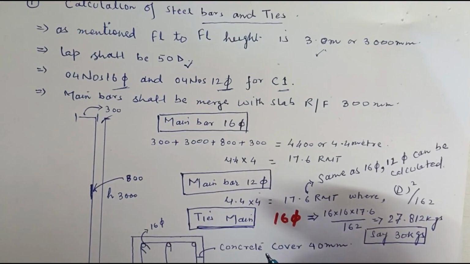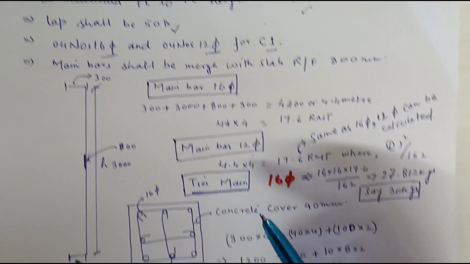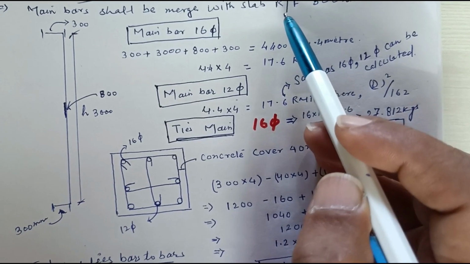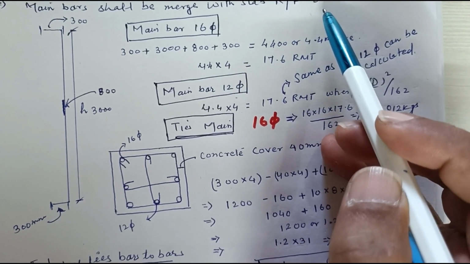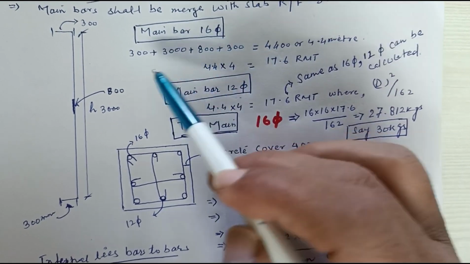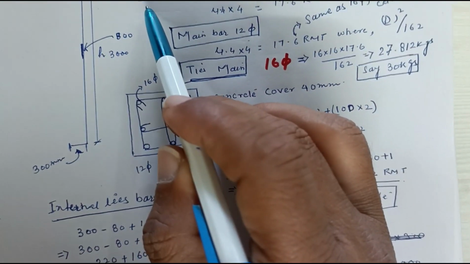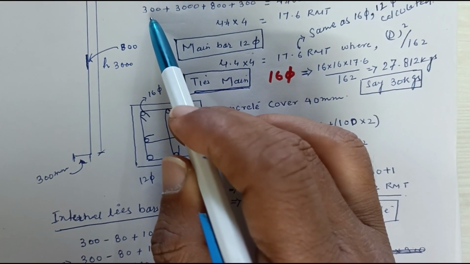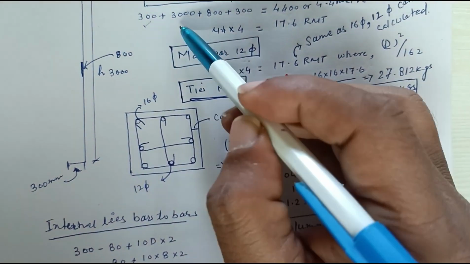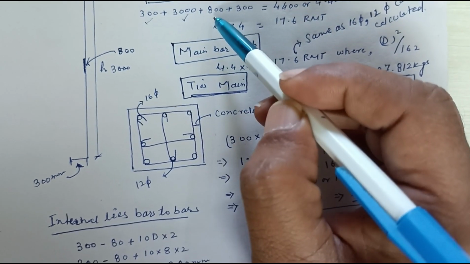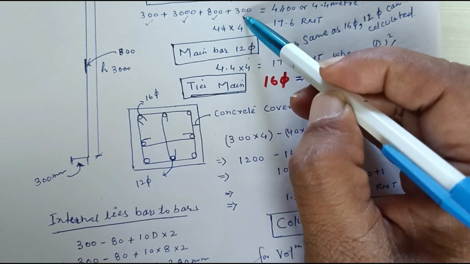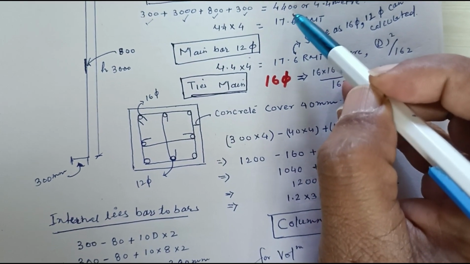So now how to calculate the steel reinforcement for this column. Main bar shall be merged with 300 mm in slab reinforcement. This is also mentioned. Now main bar 16 mm dia, how to calculate? 300 is getting merged with slab. 3000 is height, 800 is lap for 16 mm and 300 for top slab.